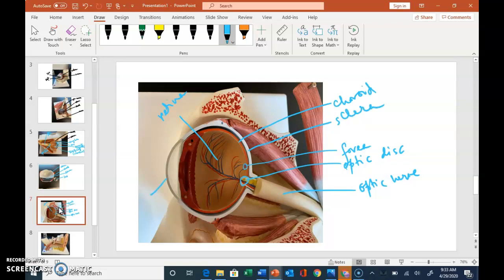You see the cornea. What else do you see? You see the ciliary body. You also see the iris. This part and this part. Do you see these parts? These are the iris. And this opening here is the pupil. I think that's all you see on this model.